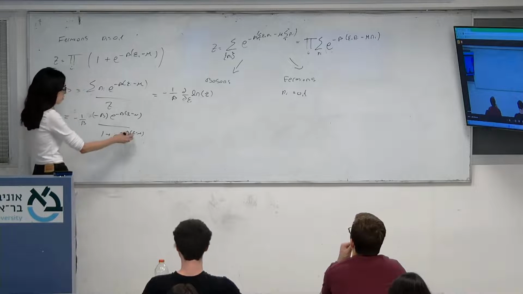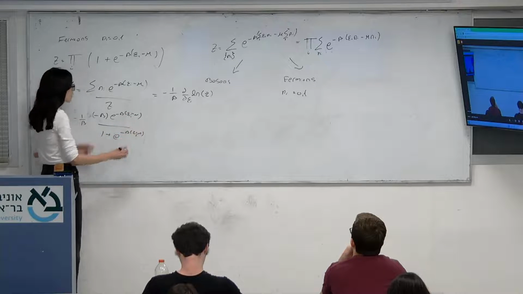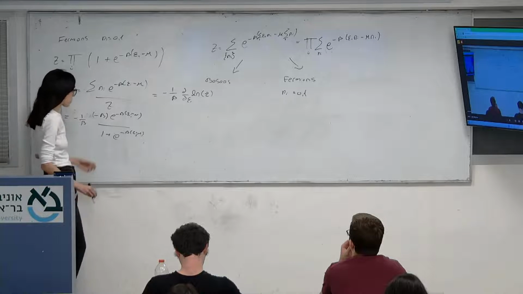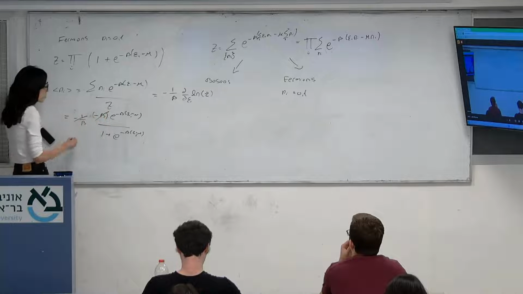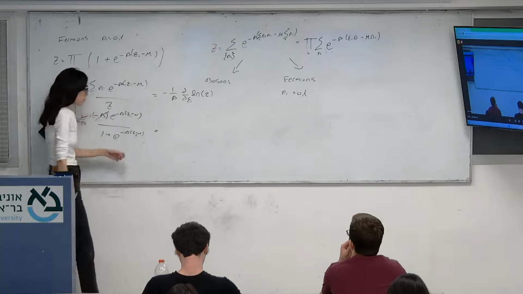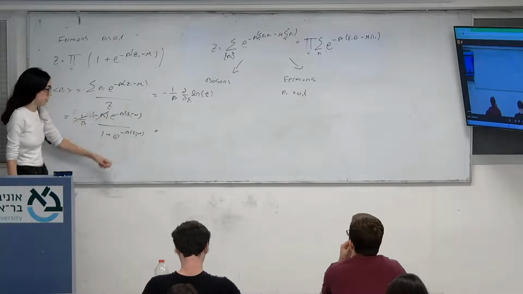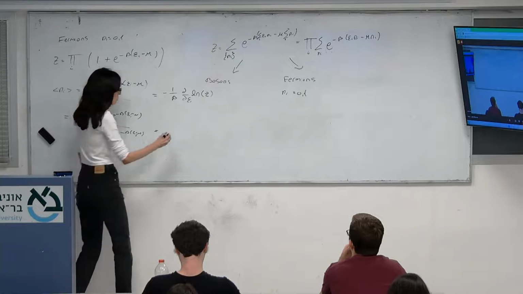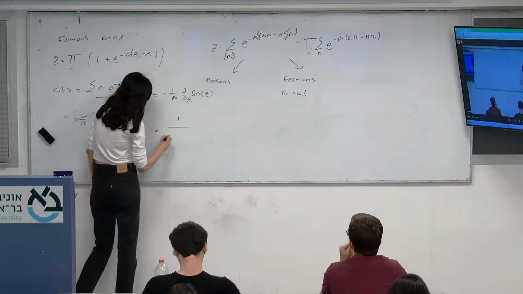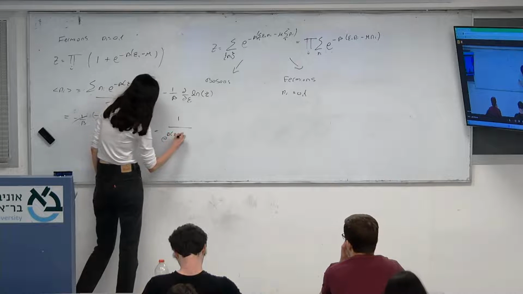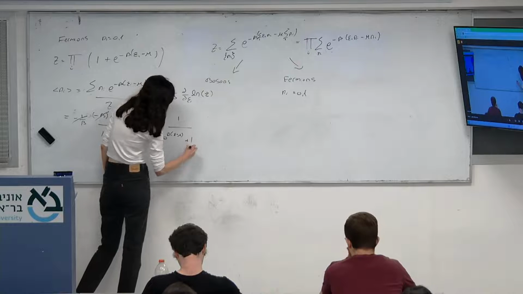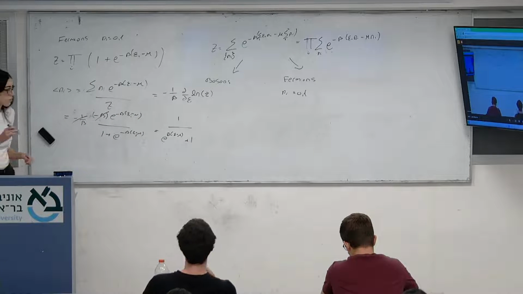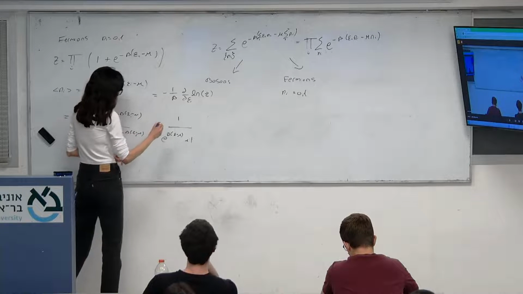I'm only going to stay with the specific epsilon i of the occupation number. So minus beta and minus beta cancel out, I can multiply by one of the exponents, and this is going to be 1 over e to the beta (epsilon i minus mu) plus 1.